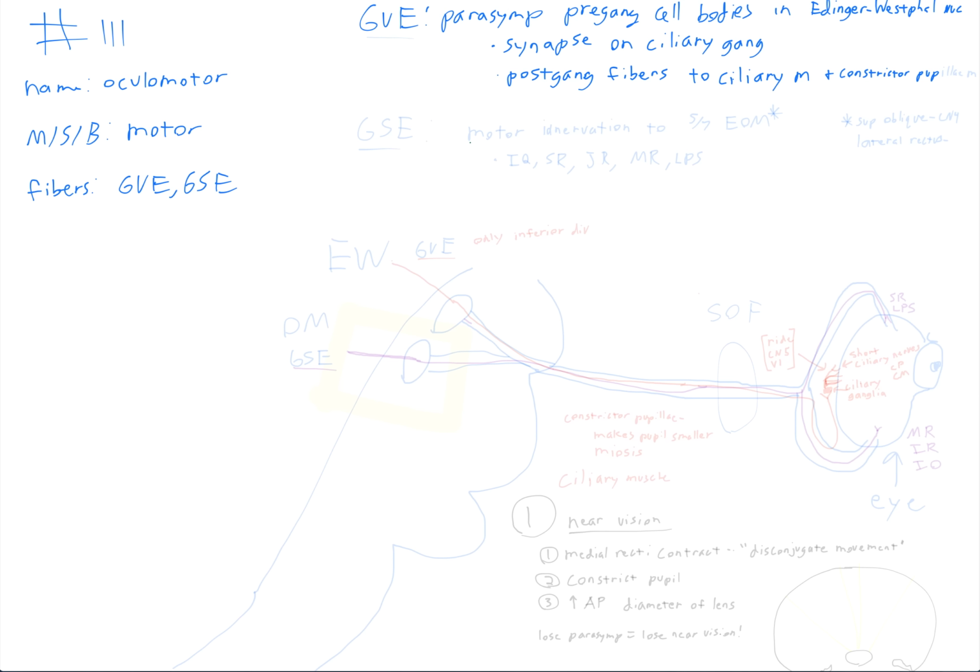So that is the inferior oblique, superior rectus, inferior rectus, medial rectus, and then the last one is your levator palpebrae superioris. Again, it's motor to the inferior oblique, your other 3 recti besides this one, so that's superior, inferior, and medial, and then the levator palpebrae superioris.